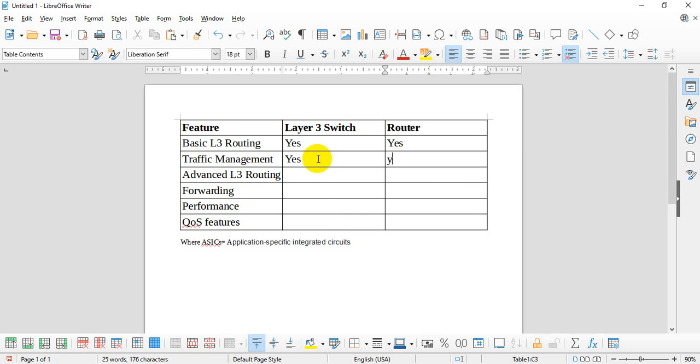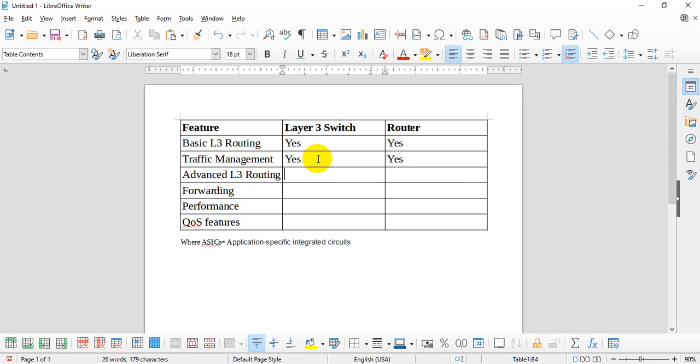Next, advanced L3 routing. Do L3 switches do advanced L3 routing, or is the router the only one that does advanced L3 routing, or will both do it? What do you think, guys?